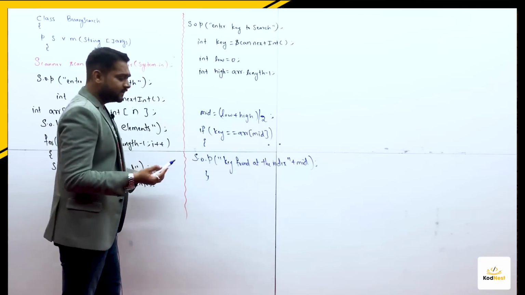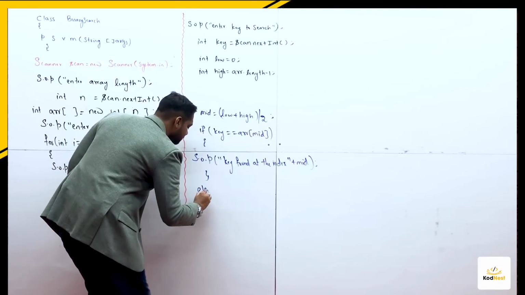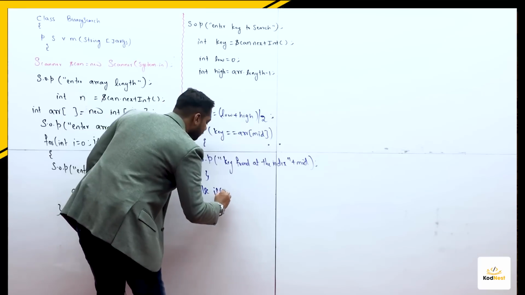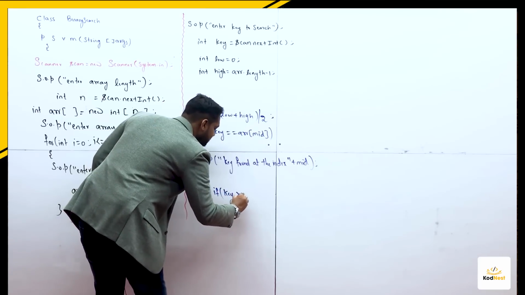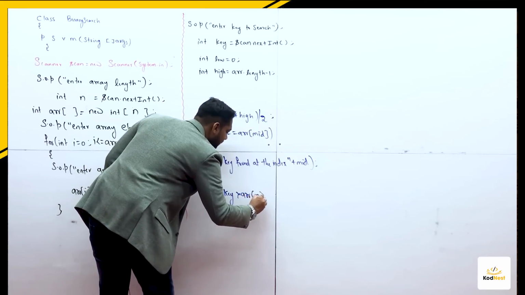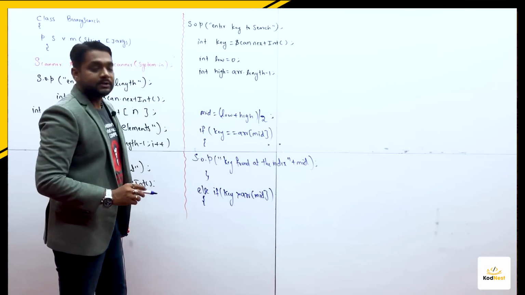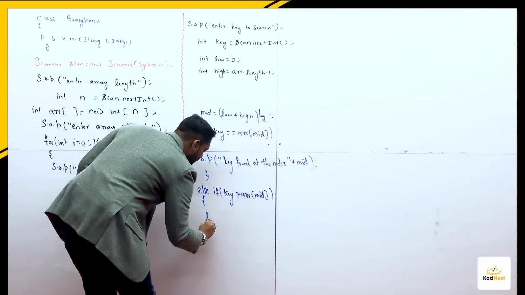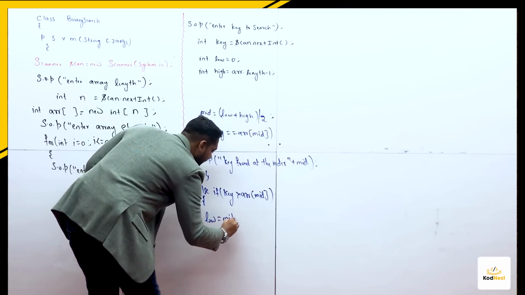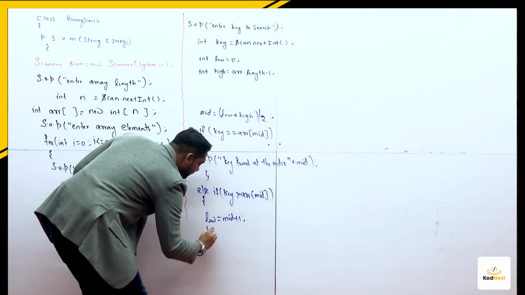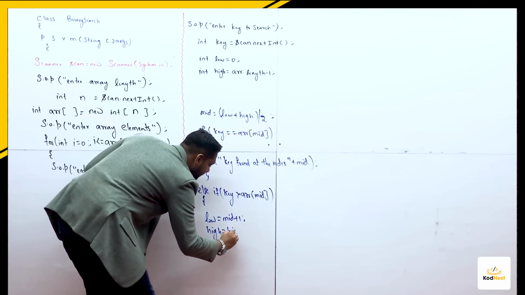Well, if it is not matching, you have to check. Else if the key is greater than arr of mid, what you have to do? You have to bring low to one step ahead of mid. Let the high be there only.